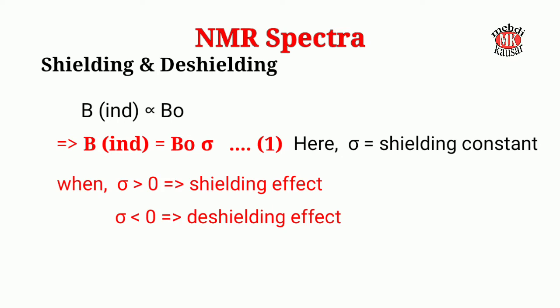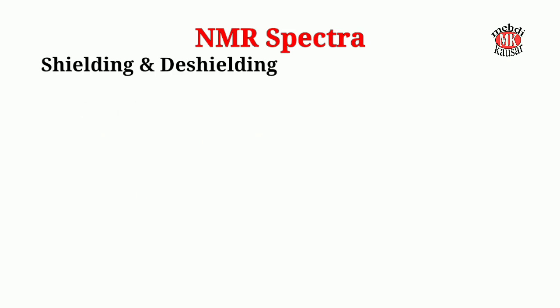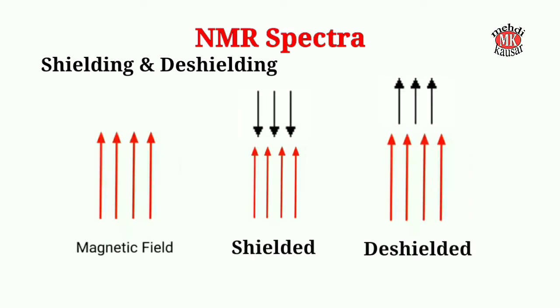When sigma is greater than 0, there is a shielding effect, and when sigma is less than 0, there is a deshielding effect. The electrons are said to be shielded or deshielded depending on whether the magnetic field generated by the surrounding electron cloud opposes the magnetic field or reinforces the applied field.